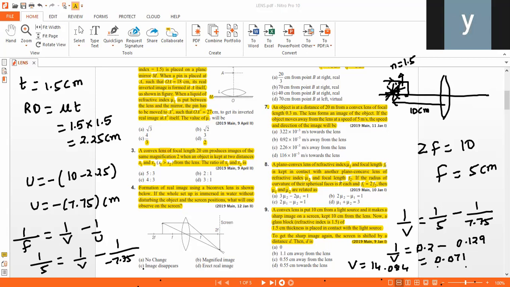Now see here, this is 10 centimeter, and like this there will be reflection.